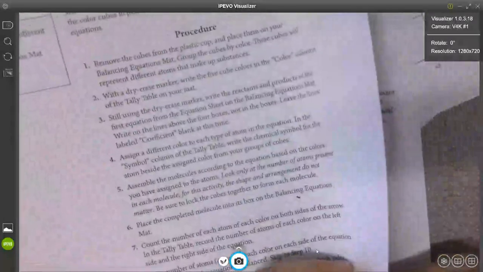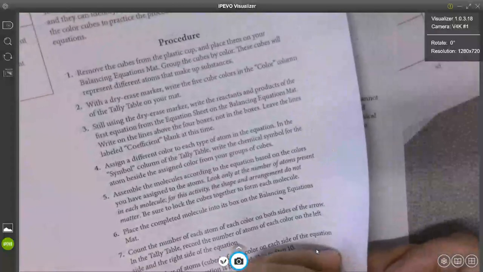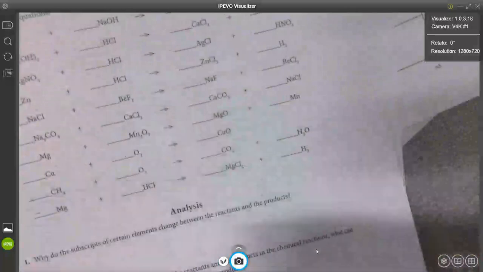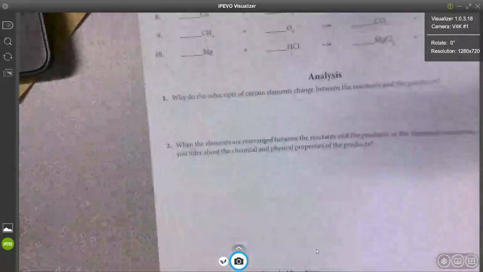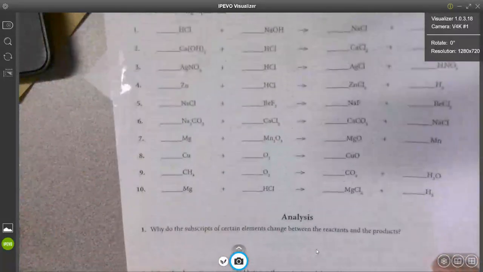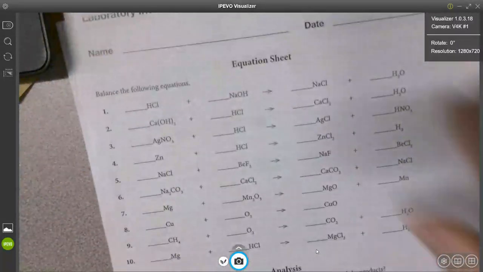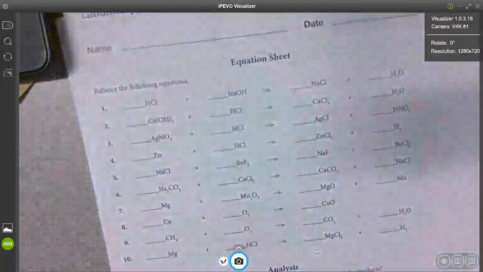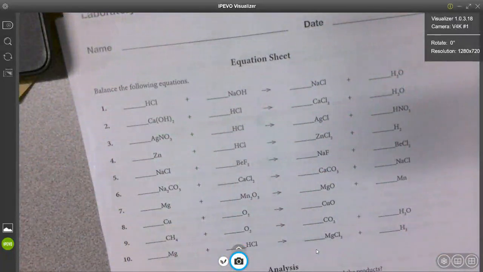If you have the whole packet posted, we're not looking at page 3. We're not looking at page 4. Those are just instructions. We're not doing that. You don't have the mats. You're not able to do that. So we're going to be looking at question 1 and question 2 together.